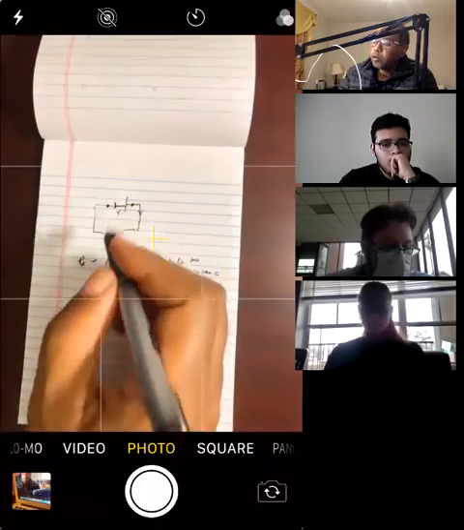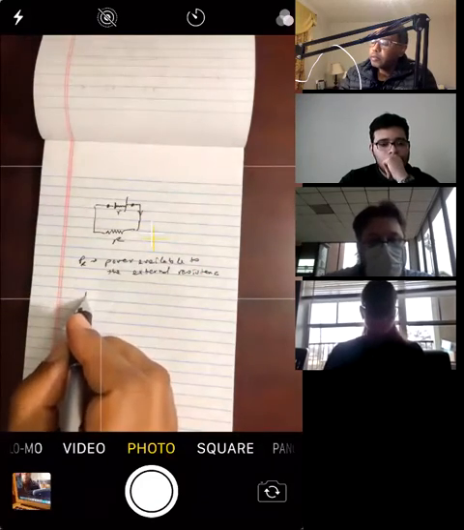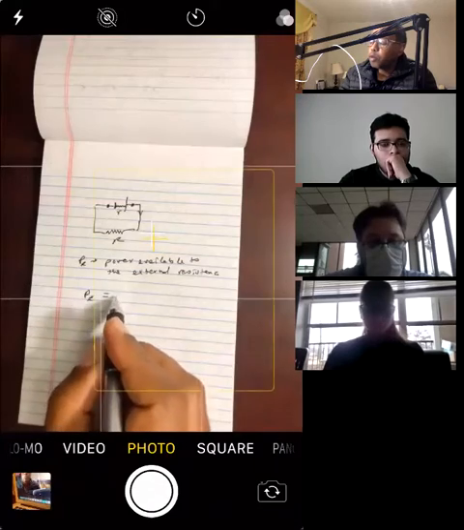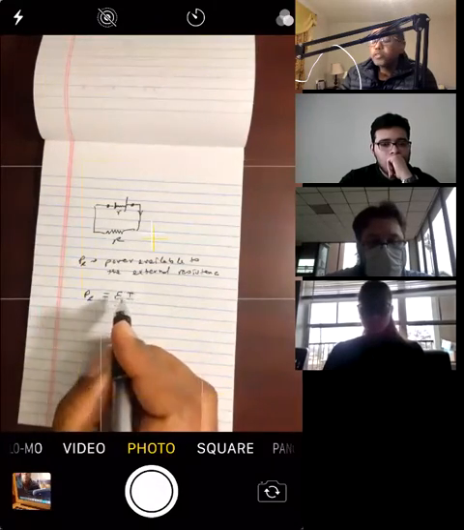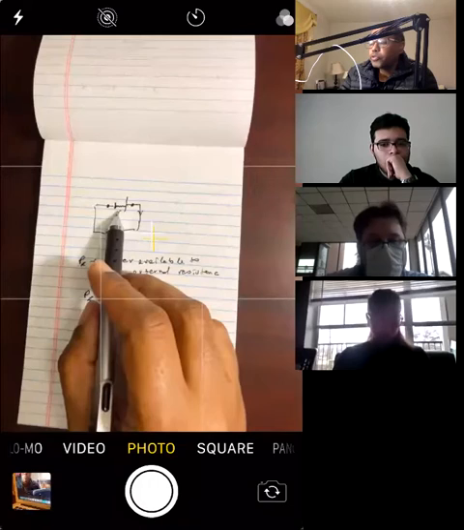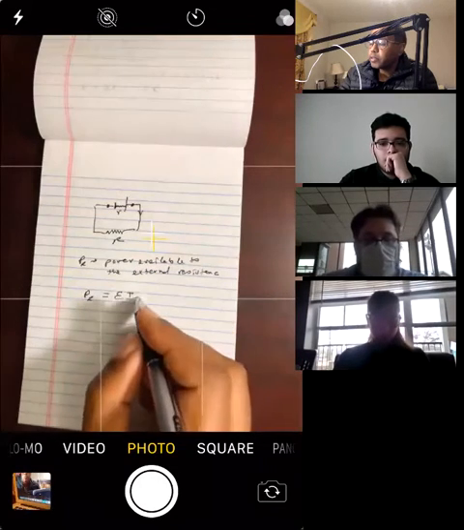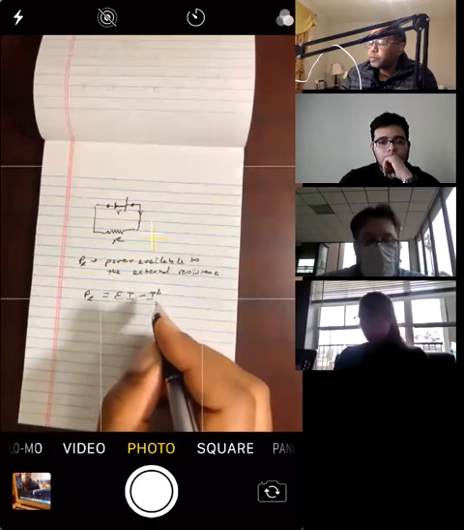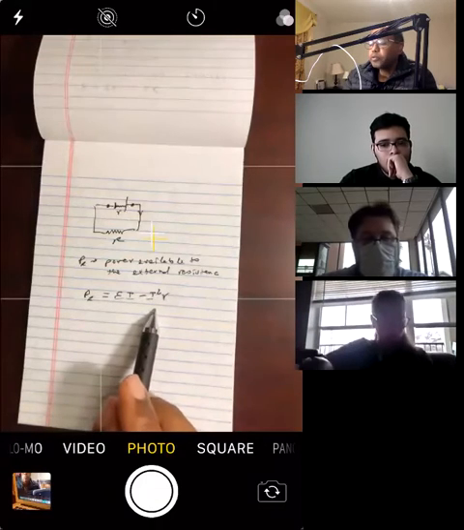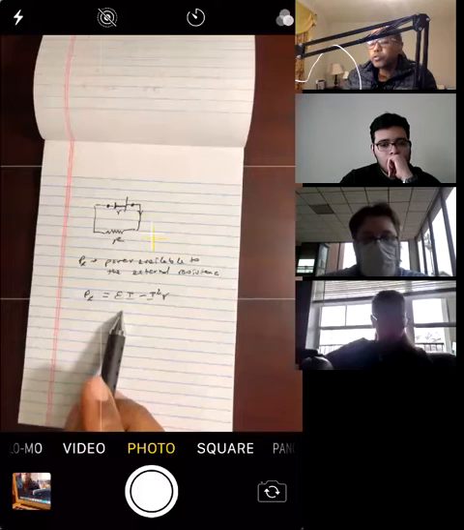It's not the entire power, EI. This is the power produced by the source, but some of it will be dissipated in the internal resistance of the battery itself, the source itself, right? So you can subtract that. This is the power dissipated in the internal resistance, and this is the power produced by the source.